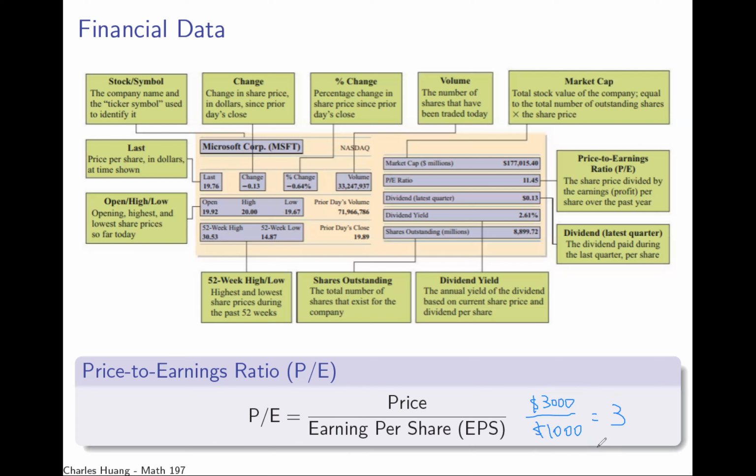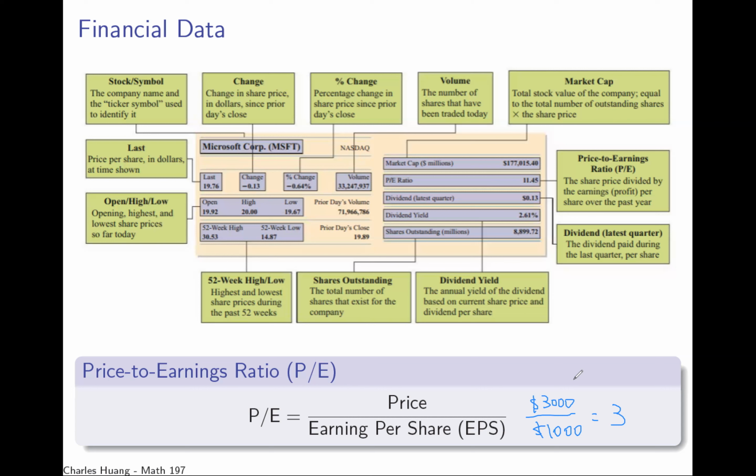And if you think about what 3 means, in terms of simple interest, you pay $3,000, you will make $1,000 every year. It takes you 3 years to make back your money. You get $1,000 one year, $1,000 the second year, $1,000 the third year, 3 years to make back the 3,000.